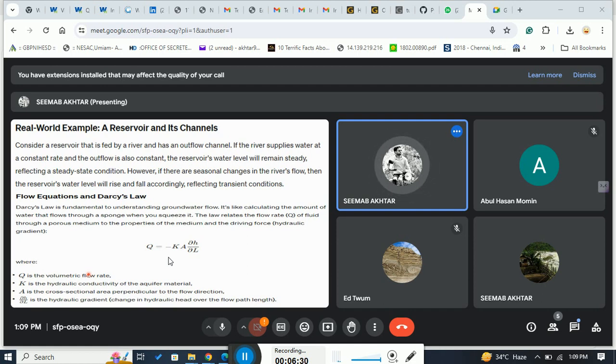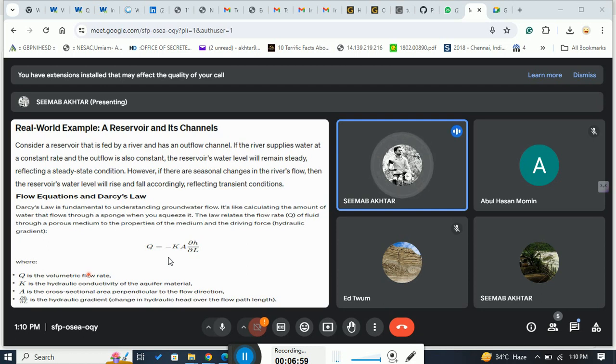Flow equation, Darcy law. Darcy law is fundamental to understanding the groundwater flow. It is like calculating the amount of water that flows through a sponge when you squeeze it. The law relates the flow rate Q of the fluid through a porous medium to the properties of the medium and driving force hydraulic gradient.